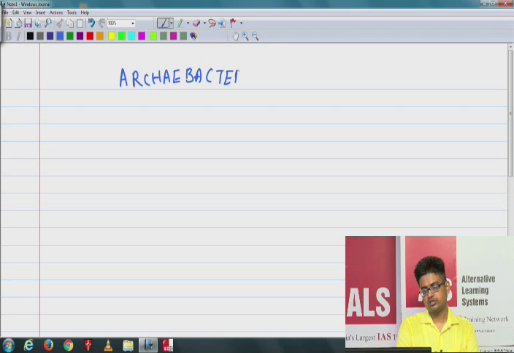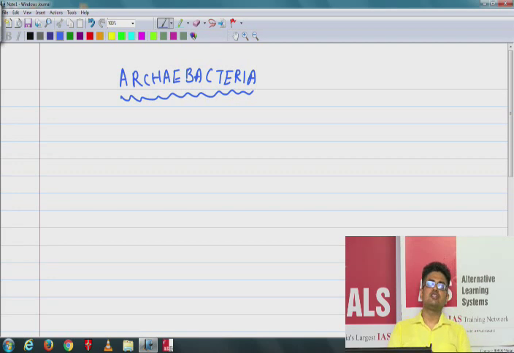Archaea means ancient. We have categorized these bacteria into three categories: methanogen, halophile, and extremophile or thermoacidophile, based on the type of habitat the archaebacteria are found in.